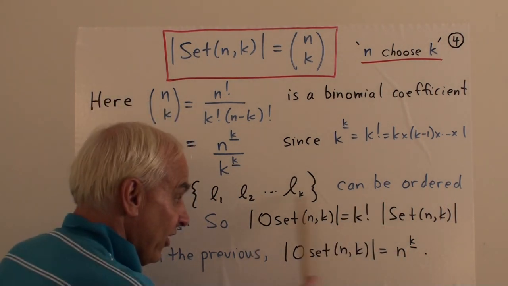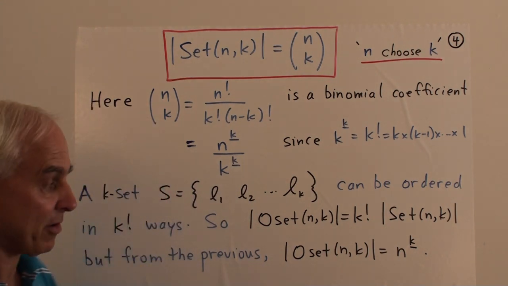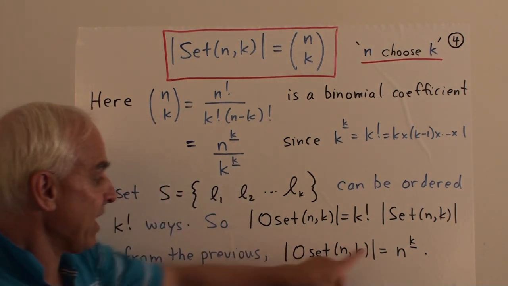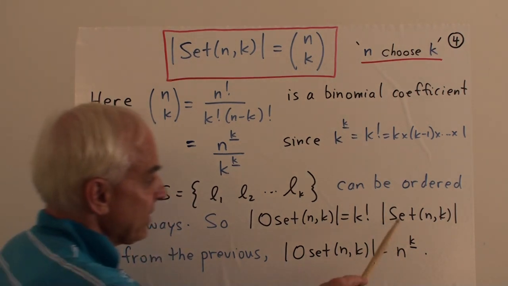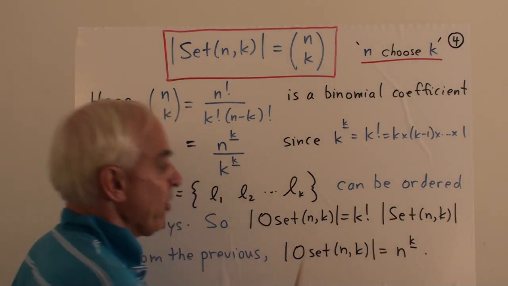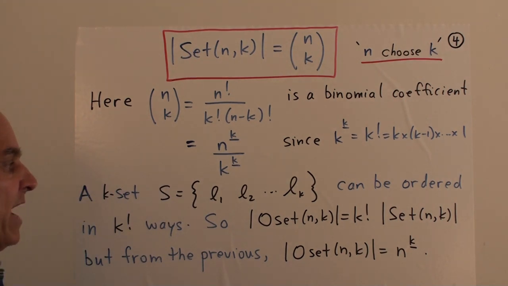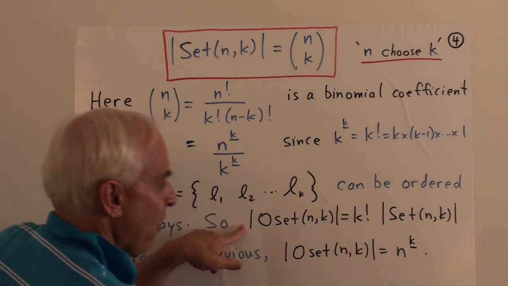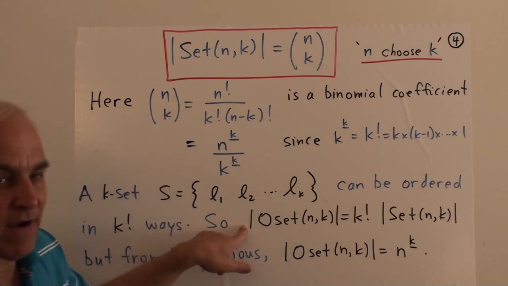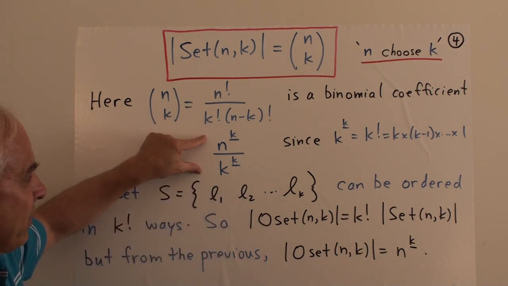And we know what this is because we've just found that in our previous slide. That was n to the k falling. And so it follows that set nk, the number of sets of size k from n, is going to be this n to the k falling divided by the k factorial. It's exactly what we have here.